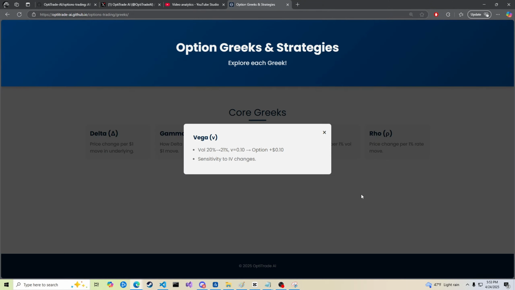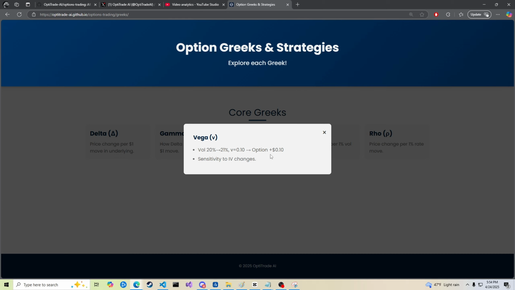Next, we can talk about Vega. Vega measures sensitivity to implied volatility. Implied volatility is a measure of how much the market believes the price of a stock or other underlying asset will move in the future, and is a key factor in determining the price of an options contract. And so in this scenario, Vega is 0.1, so a 1 point rise in implied volatility would add 10 cents to your options contract.